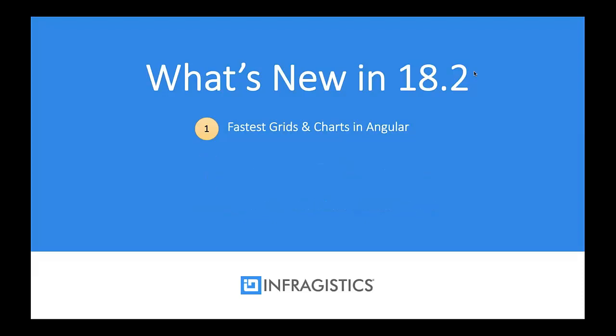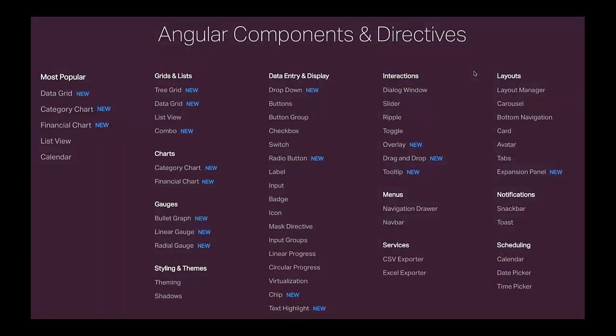So let's take a look at the fastest grids and charts in Angular. Before I get into that, just a quick view of everything that's in our Angular product. With the Angular product, we've sort of followed the same path as we have with our Windows Forms and WPF and jQuery products. We've built a bunch of components, pretty much everything you need to build out a really great application in Angular.